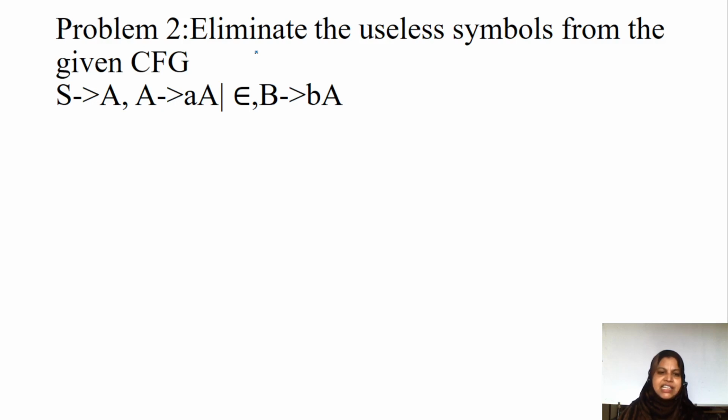The CFG has S tends to A, A tends to AA and epsilon, B tends to BA. See here in the given grammar, from this S, is it possible to reach B? No, we can't reach B from this S, right?